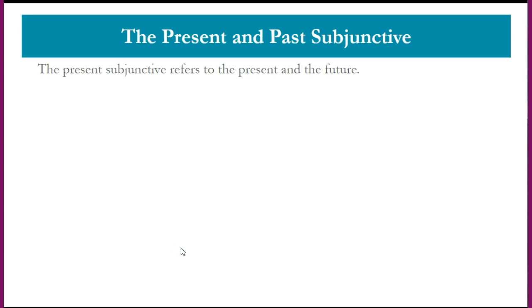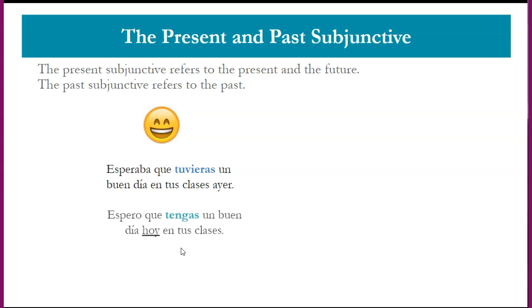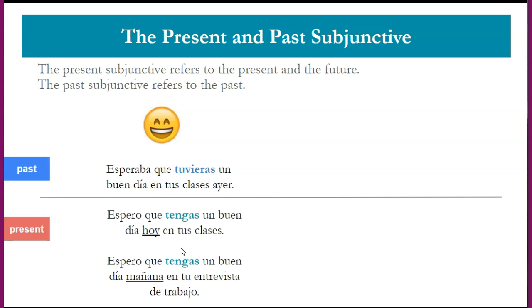Here I want us just to see more graphically what I mean when I say that the past subjunctive refers to past actions and the present of the subjunctive refers to present and future actions. So here I have 3 sentences that look similar, but they are making reference to different time frames.